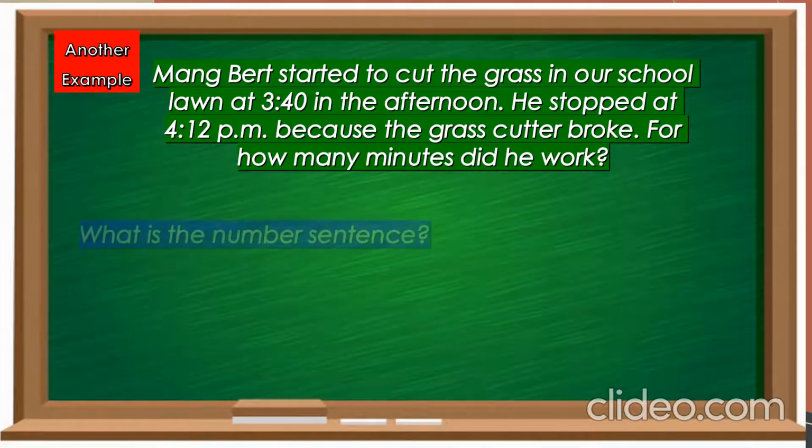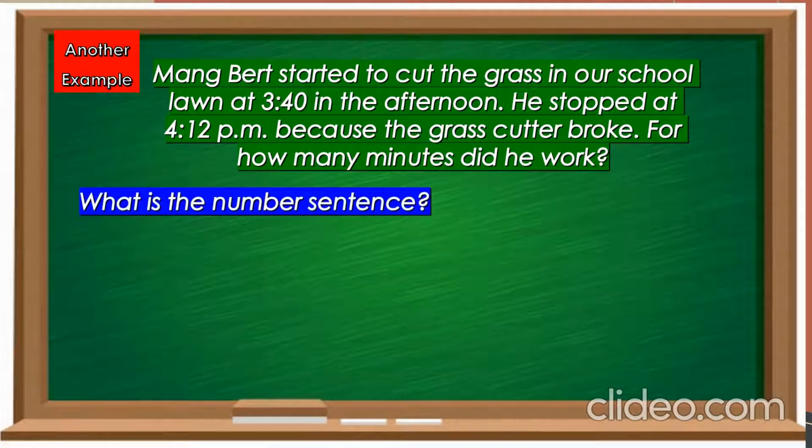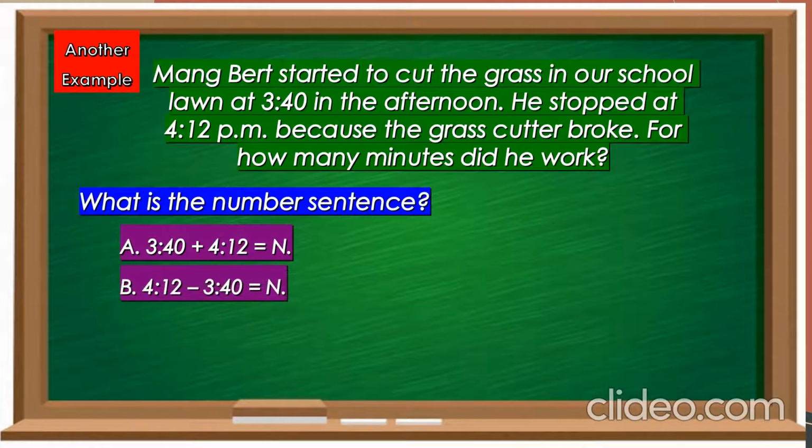Next, what is the number sentence or what is the mathematical sentence? Letter A, 340 plus 412 equals n. Letter B, 412 minus 340 equals n. Letter C, 412 times 340 equals n.